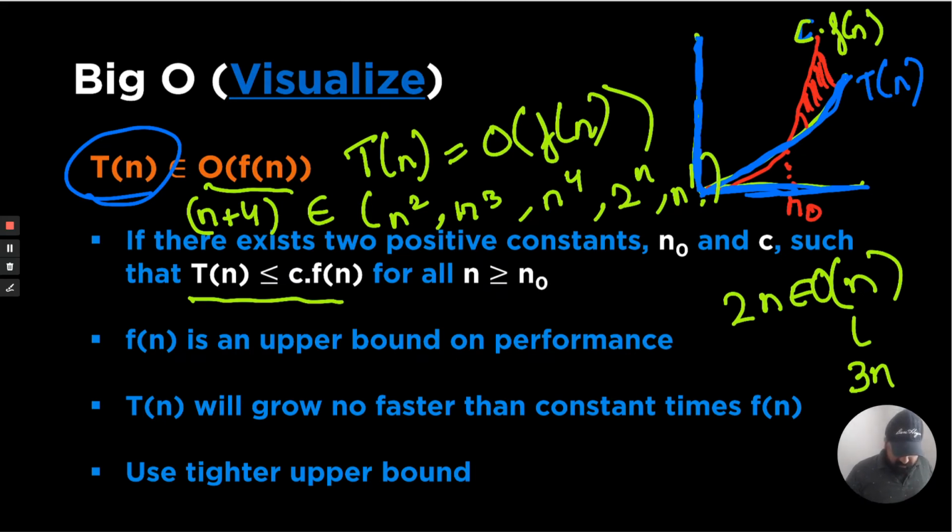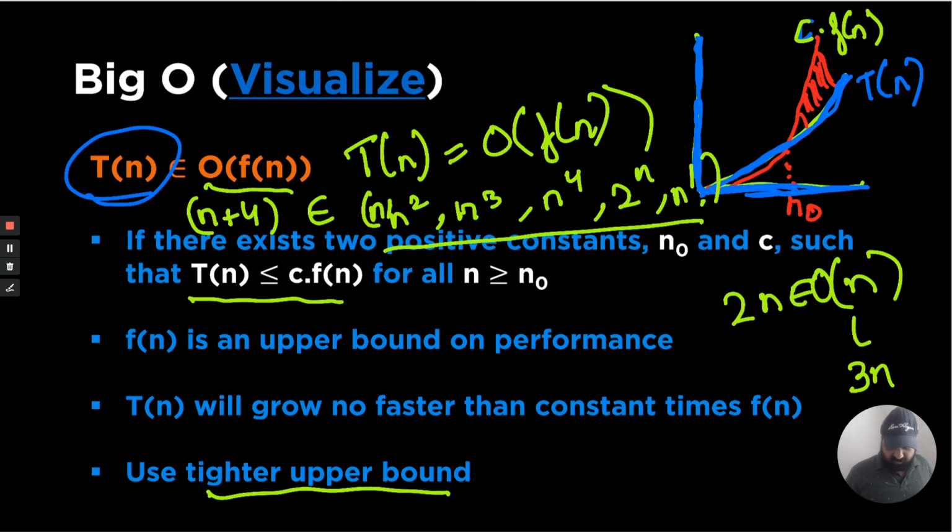So therefore f(n) is like an upper bound on this function T(n). And what I mean by a tighter upper bound is that although this n plus 4, the T(n), can be in this entire set of functions, which is n square, n cube, n to the 4, we want to use the tightest one, because the lowest one might be n, because this n plus 4 might belong to the same curve as n, given this definition.